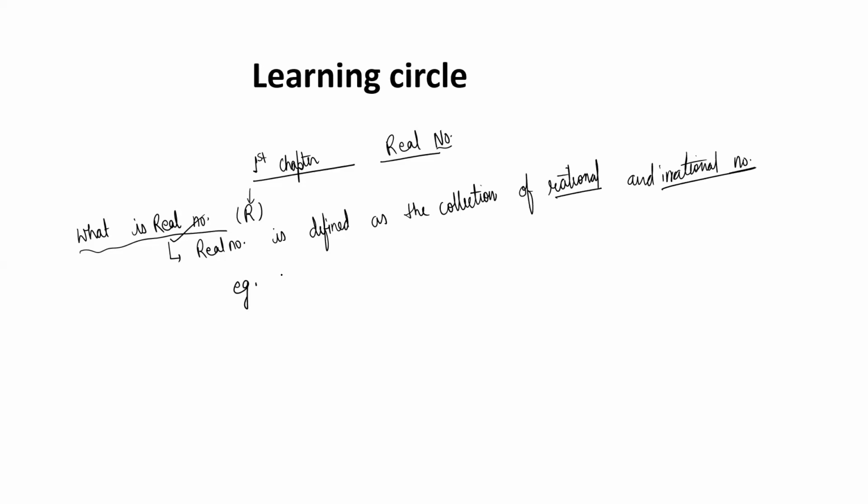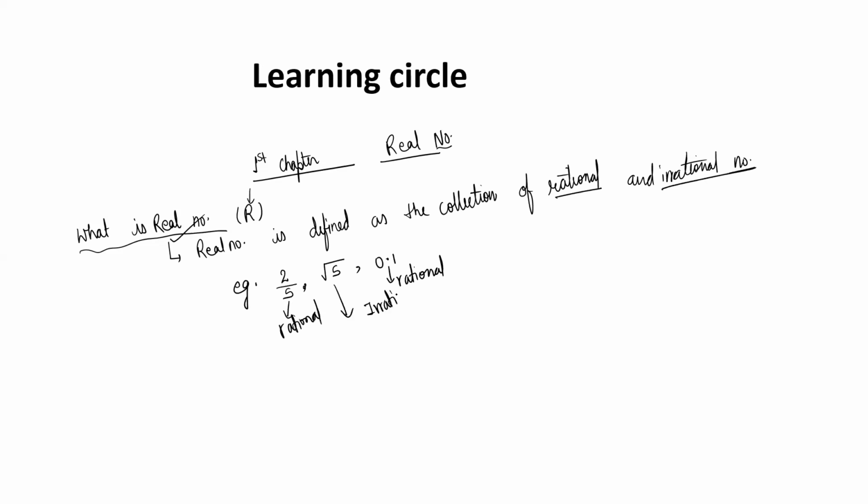So if I give you an example, it could be 2 by 5, root 5, 0.1. See, this is rational. This is also rational, but this is irrational.